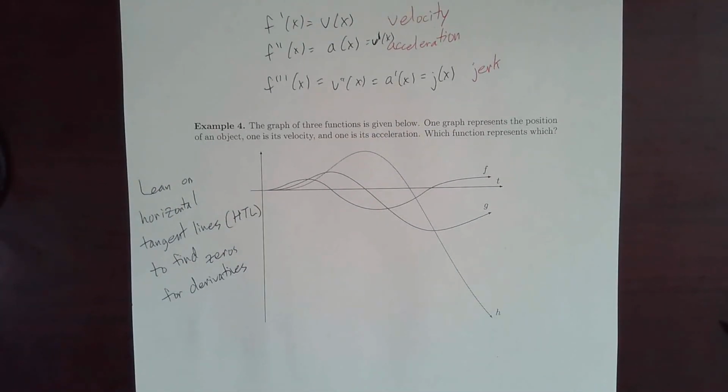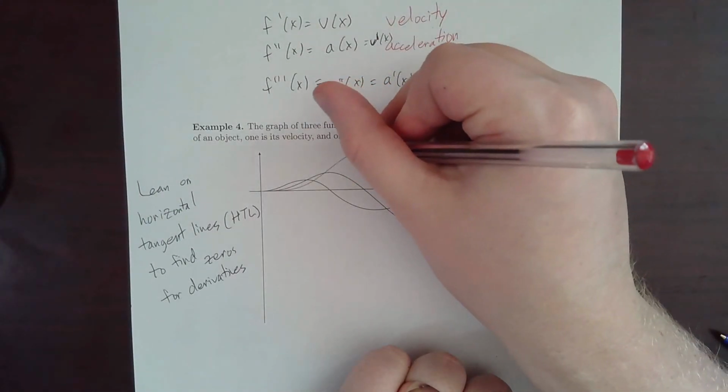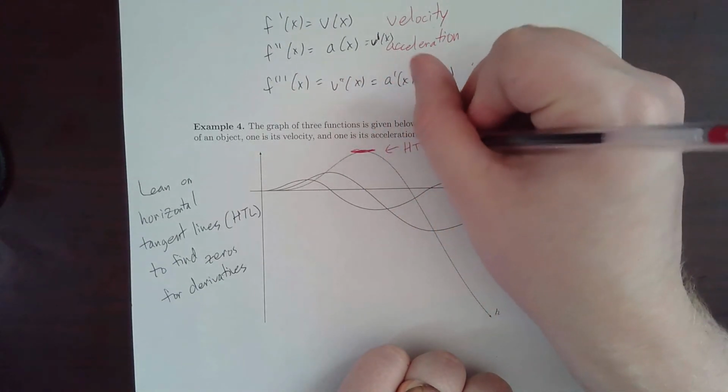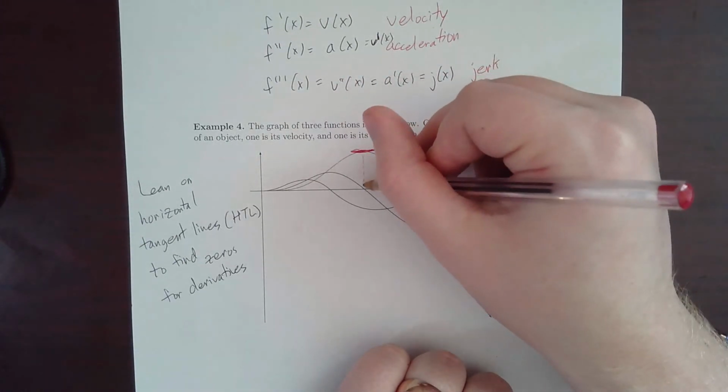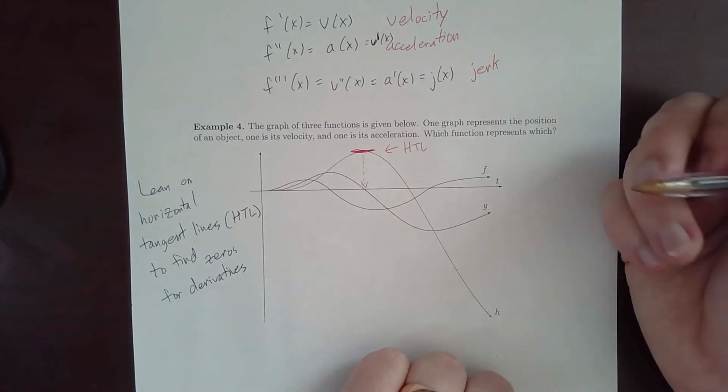All right, so let's look at each of these and try to find their horizontal tangent lines. So if we look here at h, it has a horizontal tangent line here, and what that means is that we would expect this function g to be its derivative.